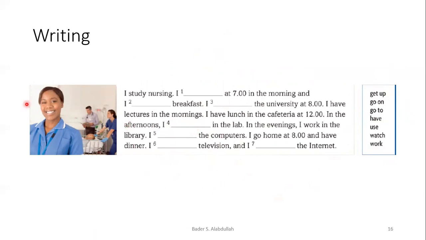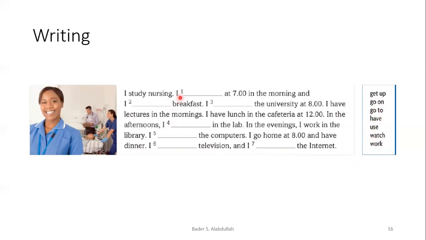Okay, this is about a nurse or a nursing student. She said, I study nursing. I blank at 7 in the morning and I blank breakfast. So we have get up, go on, go to, have, use, watch, work.